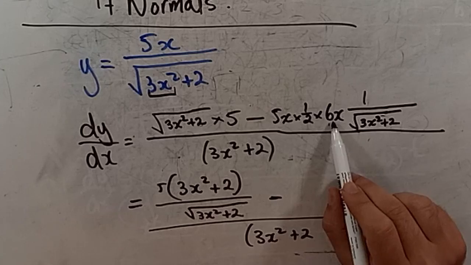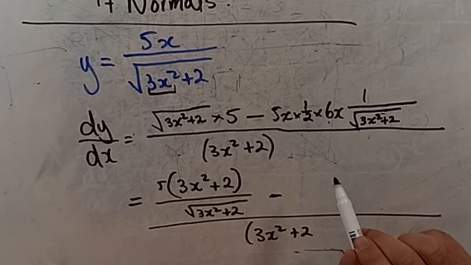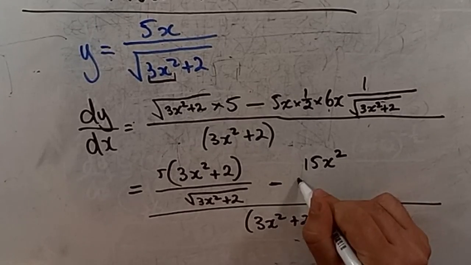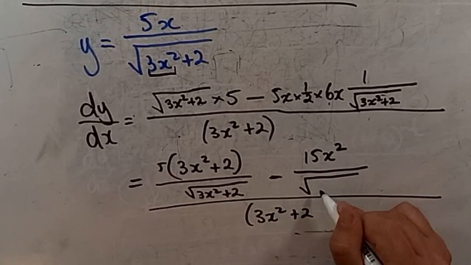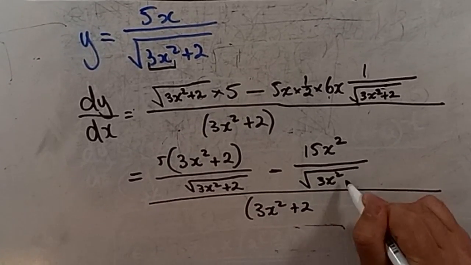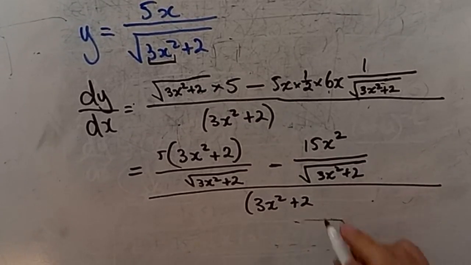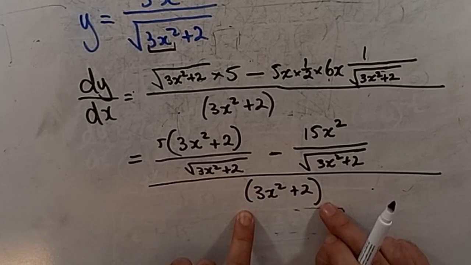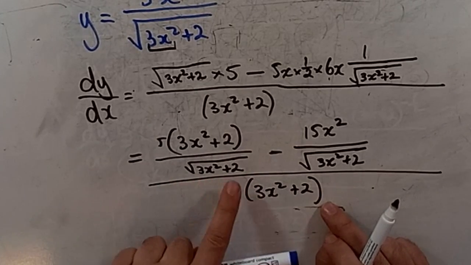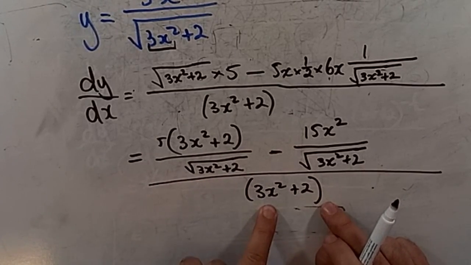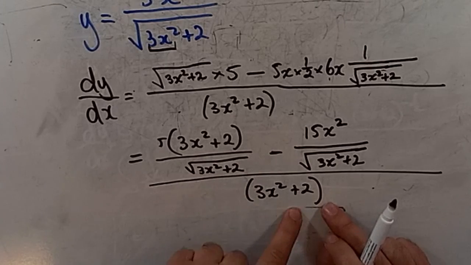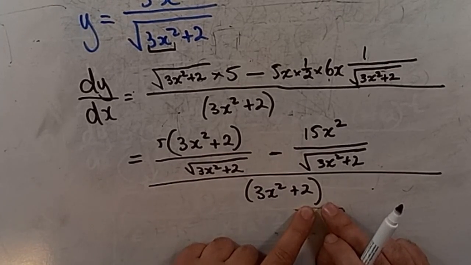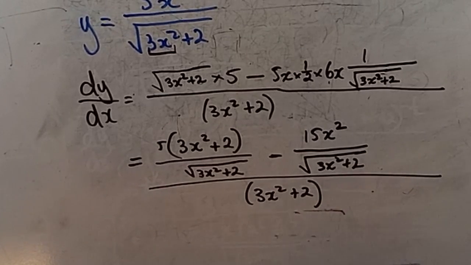This is 3x times 5x, so I've got 15x squared over 3x squared plus 2. So this common denominator can come down into this line, and then I've got 3x squared plus 2 to the half, times 3x squared plus 2. So that's going to give me 3x squared plus 2 to the 3 on 2.